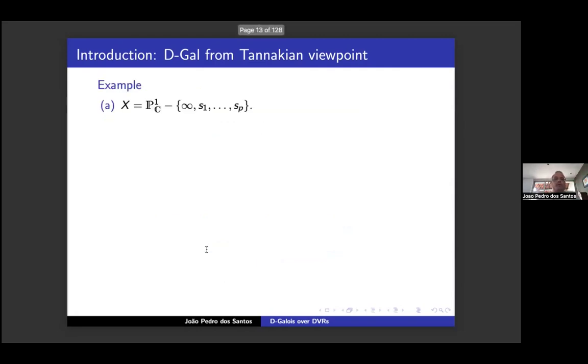The example of why I'm doing this is of course the category of connections on the affine line minus a number of points. A very simple object to start with.